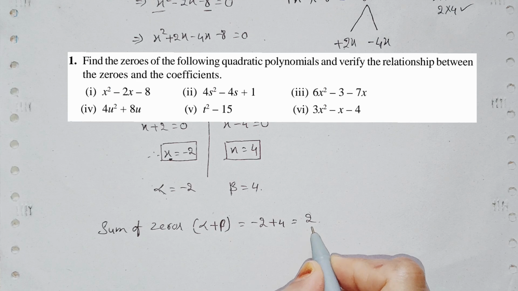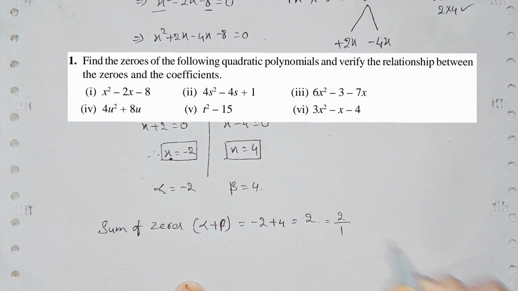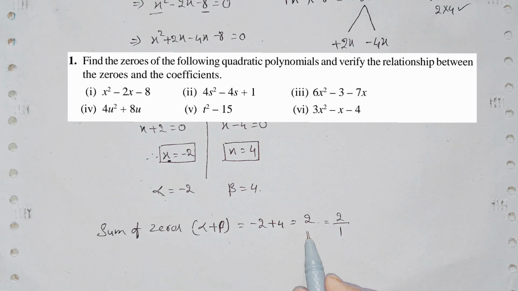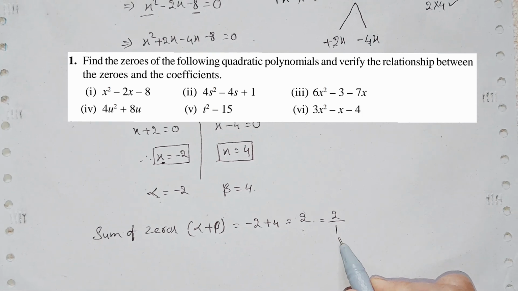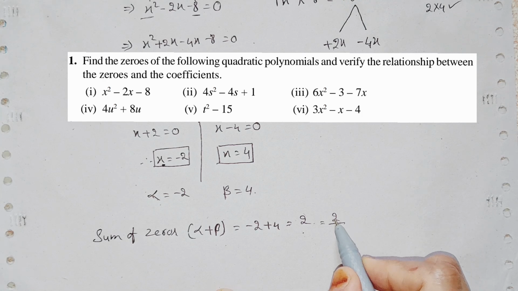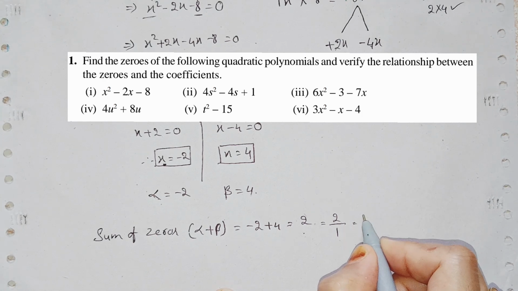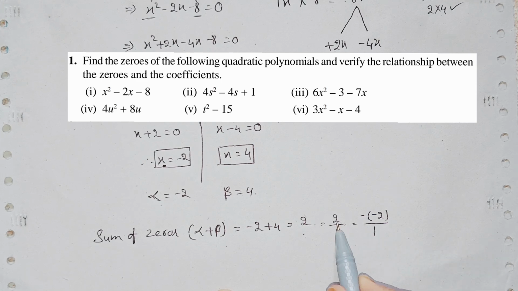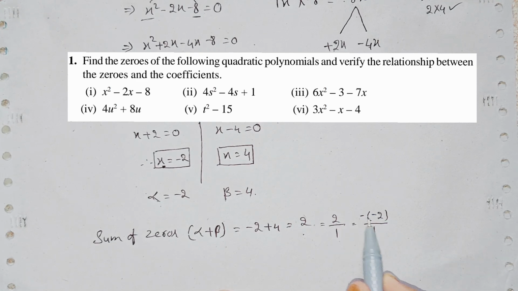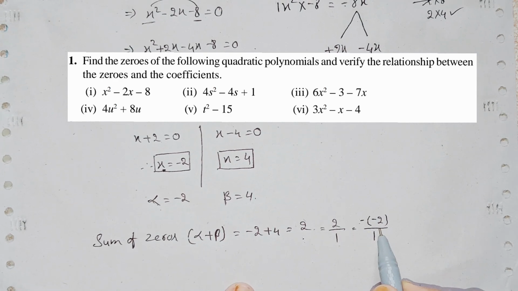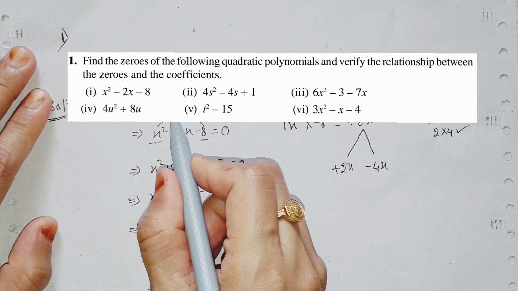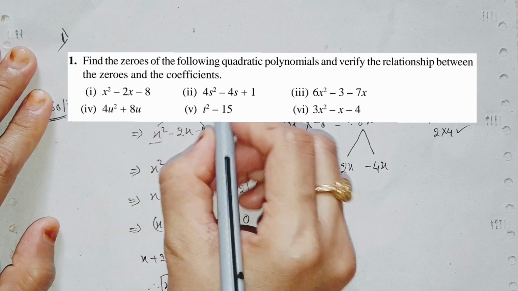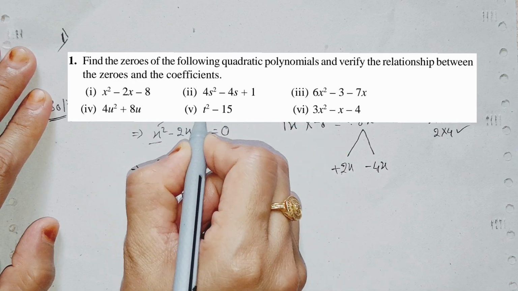Can I write this as 2 by 1? In the denominator nothing is there, which means 1. So I have written this as 2 divided by 1. Again I am writing it as minus of minus 2 divided by 1. Can I write 2 as minus of minus 2? Yes, minus of minus is plus, so I again get 2. Why I have written like this: if you see the polynomial here, it is in the form of ax square plus bx plus c.